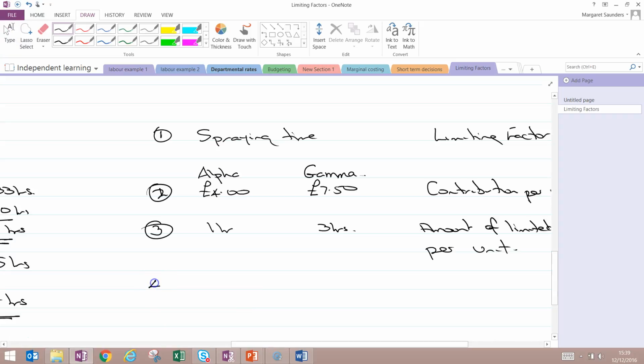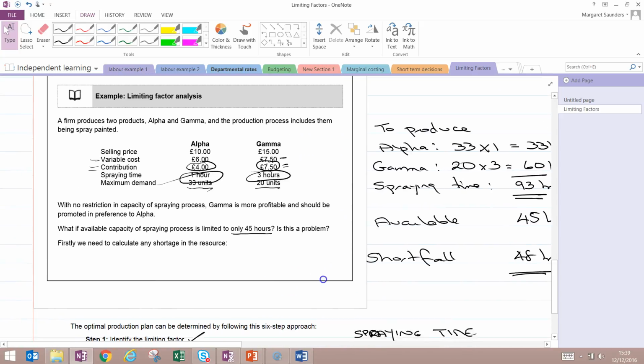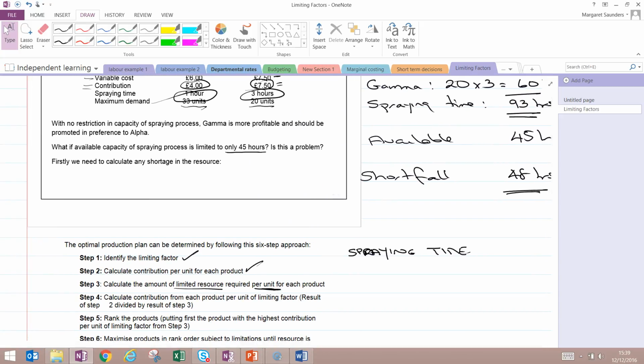Now we need step 4. So if we go back to our steps, step 4 is to calculate the contribution per unit by the amount of limiting factor we need. So in other words, what we're doing is dividing our step 2 figure by our step 3 figure.